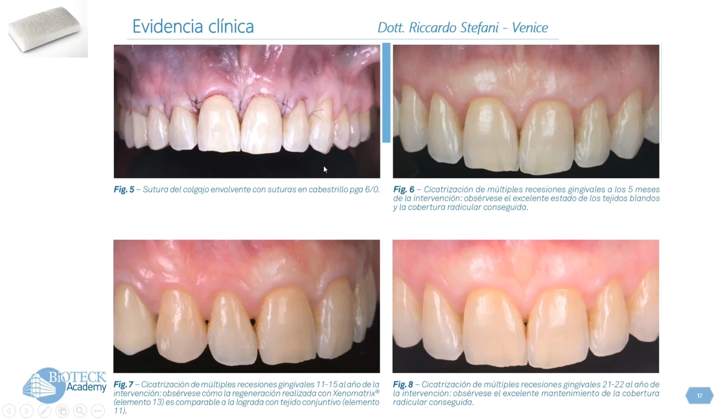And we see that the results at the end, at 1 year from the surgery, were comparable. So in this case again, we see that the performance of Xenomatrix is similar to that of connective tissue, but without the problem of harvesting the connective tissue from the palate.